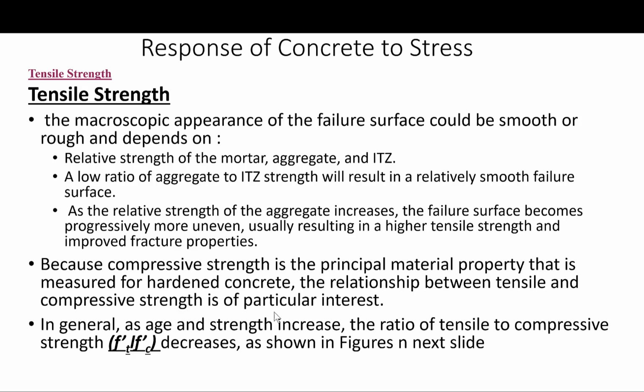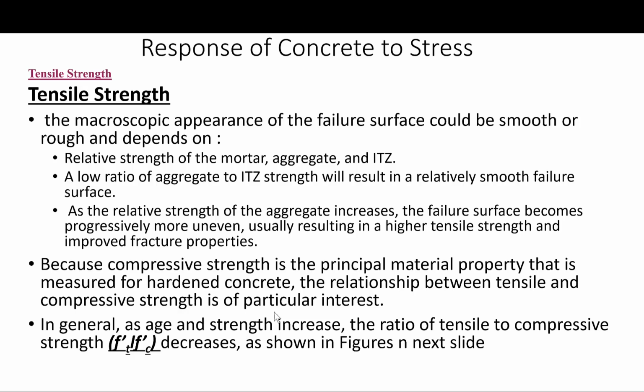As the relative strength of the aggregate increases, the failure surface becomes progressively more uneven, usually resulting in a higher tensile strength and improved fracture properties. So, this is what happens due to the relative strength of the aggregate to the ITZ.